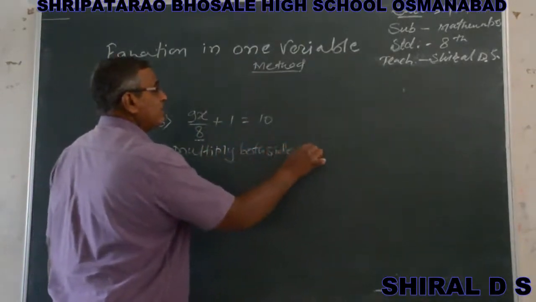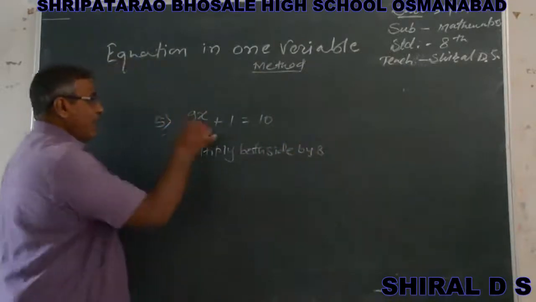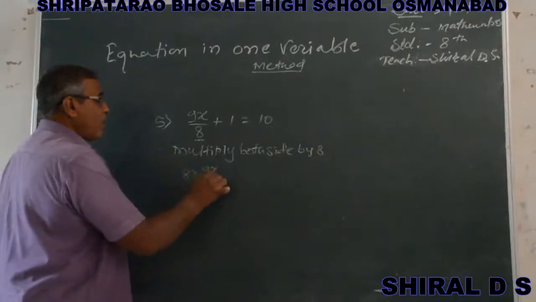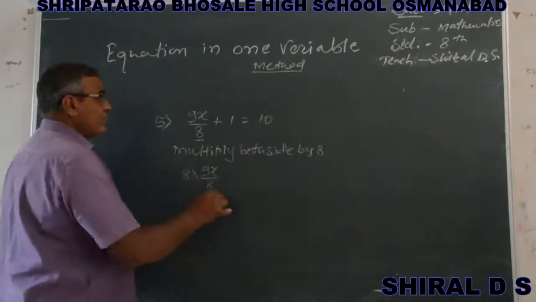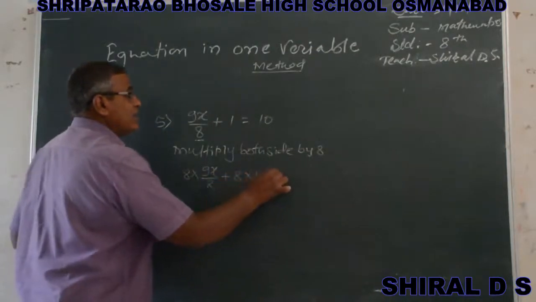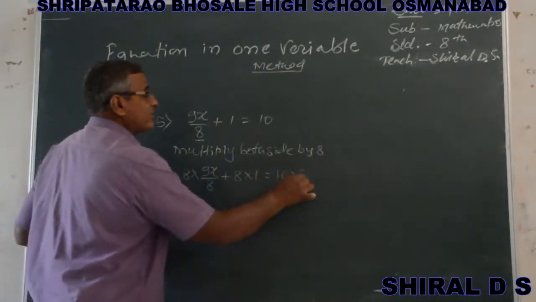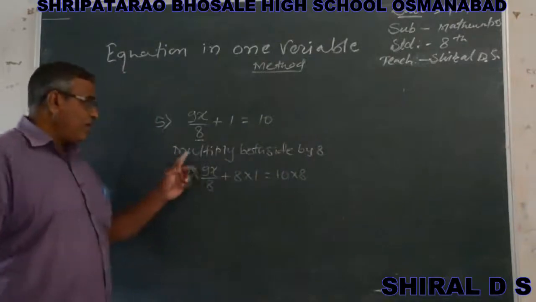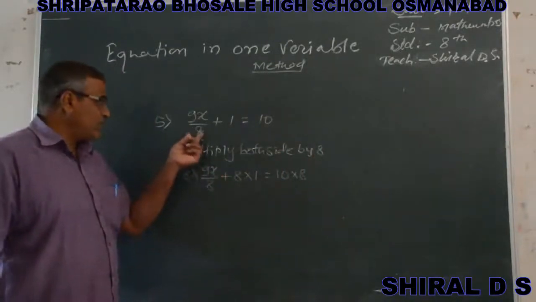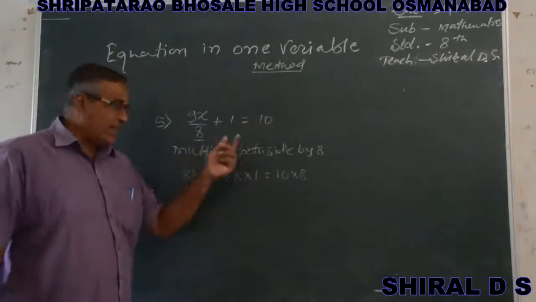by 8. Then multiply here 8 into 9x upon 8 plus 8 into 1 is equal to 10 into 8. Multiply both sides by 8 means we multiply both terms on the left side and the right side.